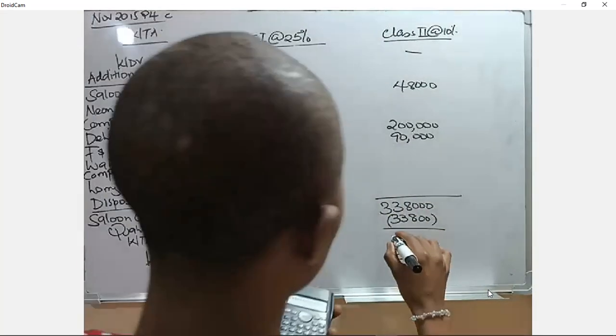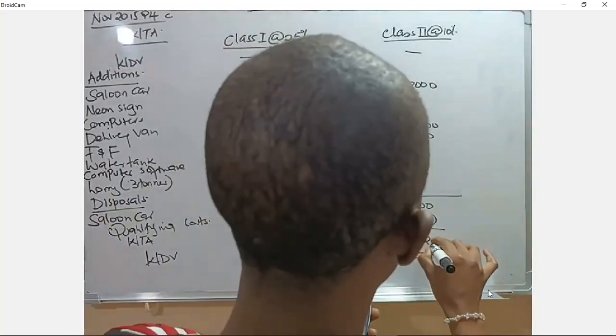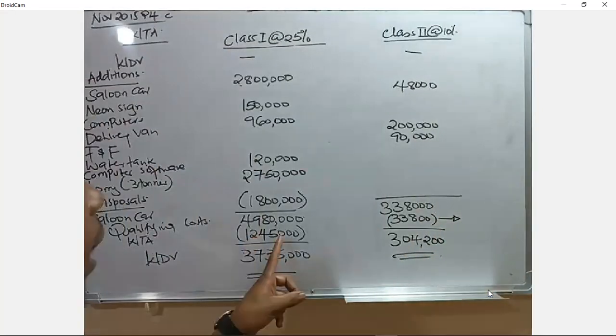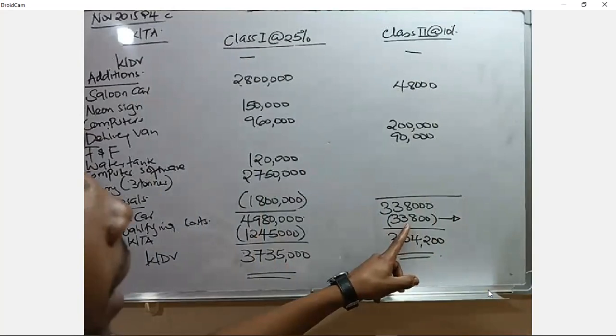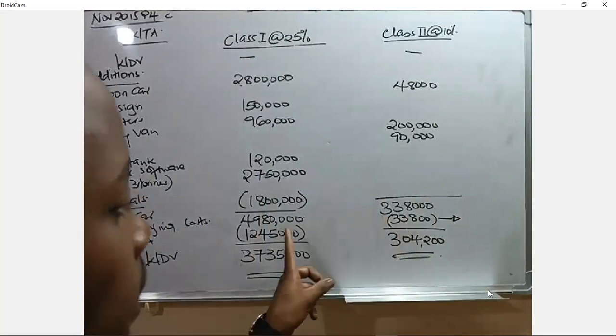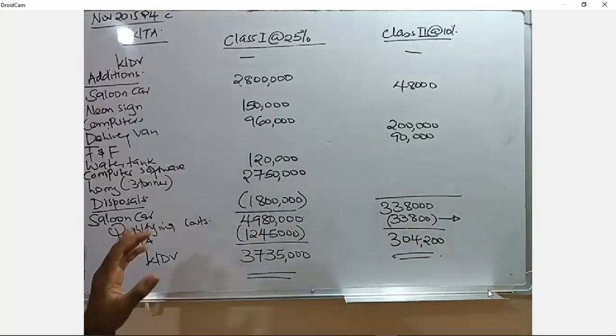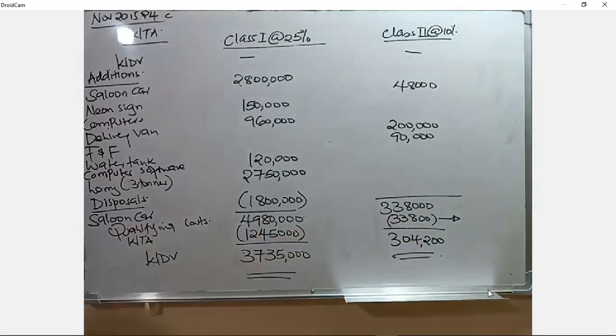You are going to get 304,200. Now, you use the summations of these to calculate the adjusted taxable income, if you are computing the adjusted taxable income. I will show that problem from our previous question for August 2022. We shall be able to do that problem. That is how you do the capital allowances.